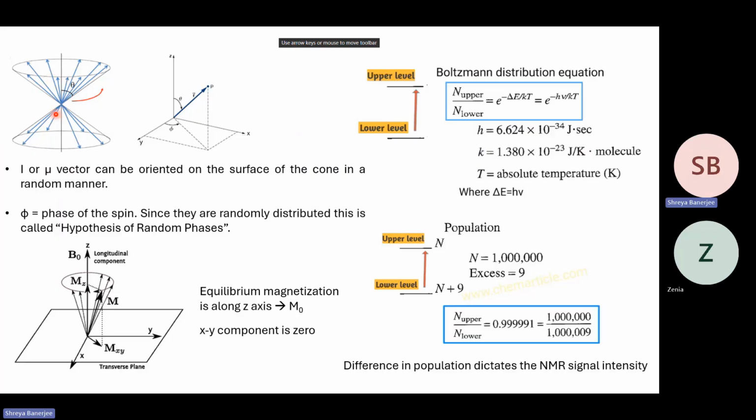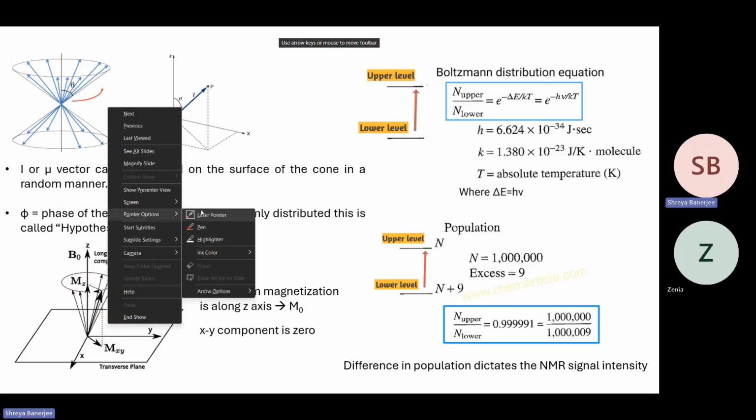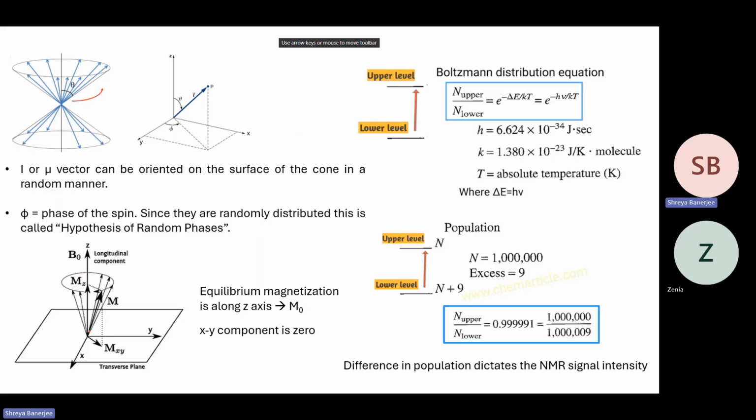If you take the xy component of each of these vectors, suppose you have one vector here, the x component is here, y component is here. Then another vector might have the x component and y component in the opposite direction. So they will cancel out. Like this, the xy components of all these different vectors will cancel out because they will be in opposite directions.